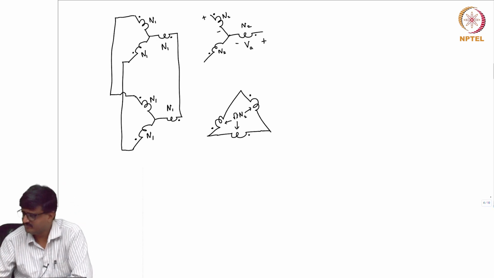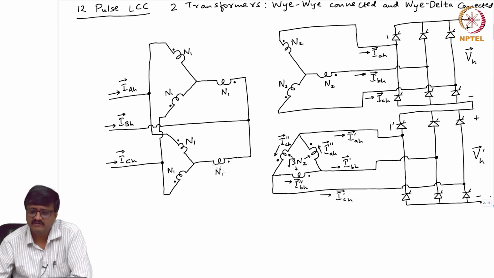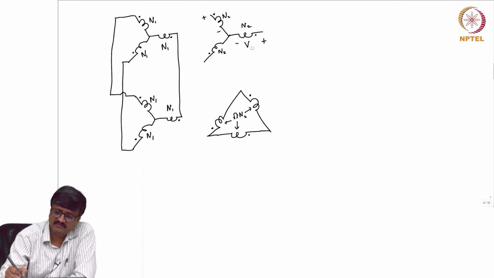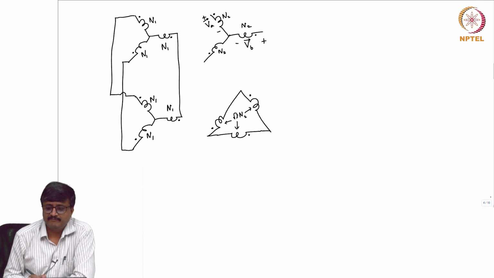So, I took this as A phase and this as B phase, sorry. So, this is A phase VA, this is VB. So, this is phasor VA, phasor VB. Okay.